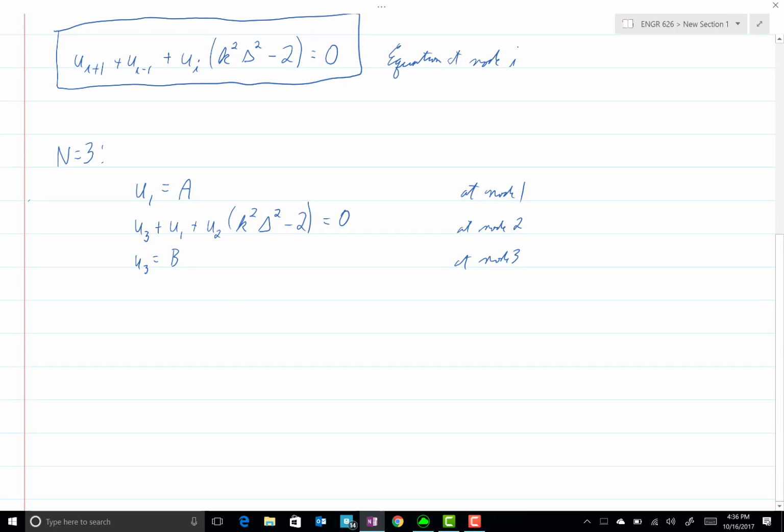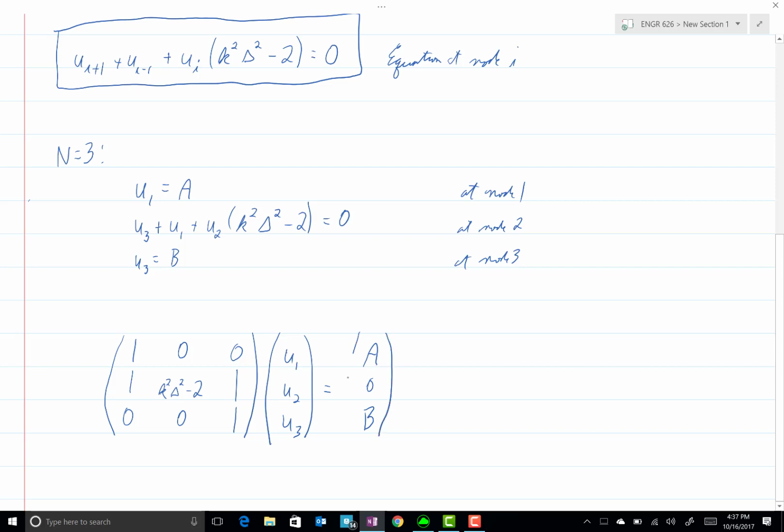Notice that we have here 3 equations and 3 unknowns, and so when we write this in matrix form, what we will get is the following: rows 1, 0, 0; 1, k squared delta squared minus 2, 1; and 0, 0, 1, times u1, u2, u3, is equal to a, 0, b.